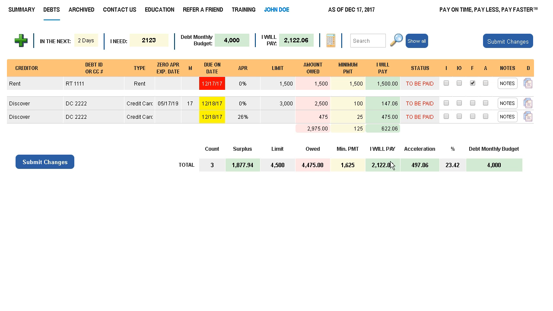We're paying that. Now we see some acceleration because the minimum total here is 1625, but instead of that, I'm paying 2122, so that gives me an acceleration number of 497, and a percentage of acceleration of 23.42%, which is this number divided by this number.